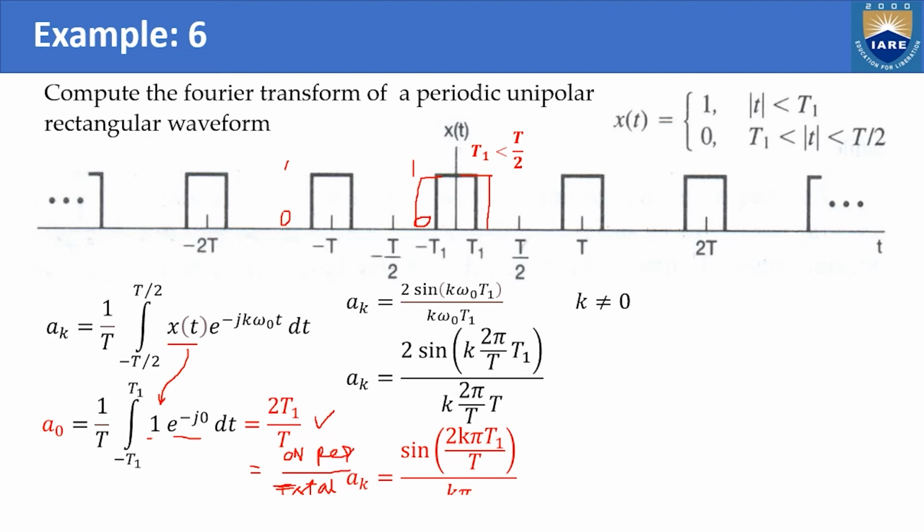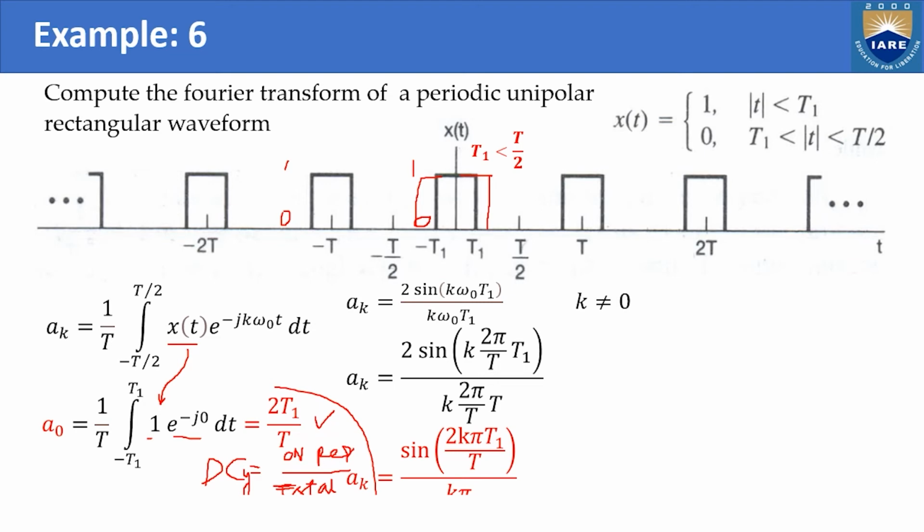So 2T1 divided by T is nothing but your duty cycle. Duty cycle is nothing but on period divided by total period. What is the duty cycle of the given waveform? 2T1 by T. That is what you should remember.